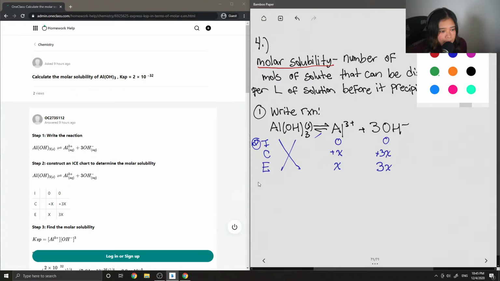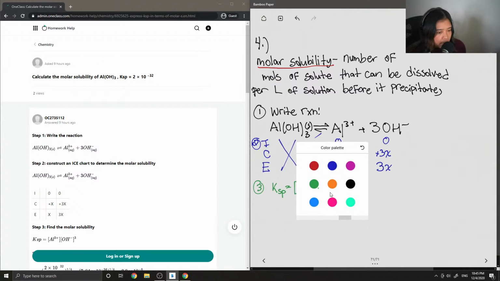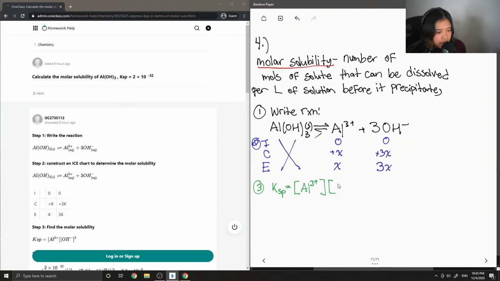And then the next step is to write out our Ksp expression. So Ksp is equal to the concentration of aluminum 3 plus times the concentration of OH minus to the power of 3.